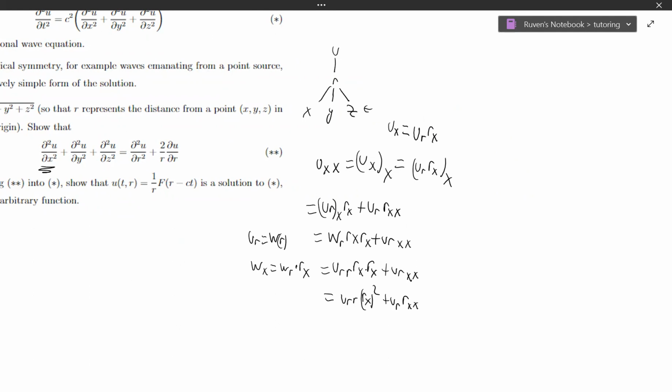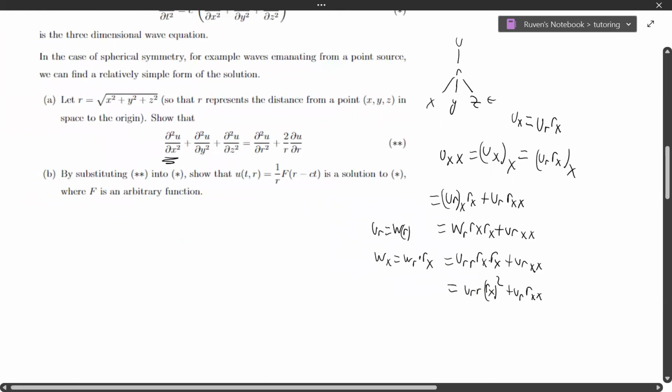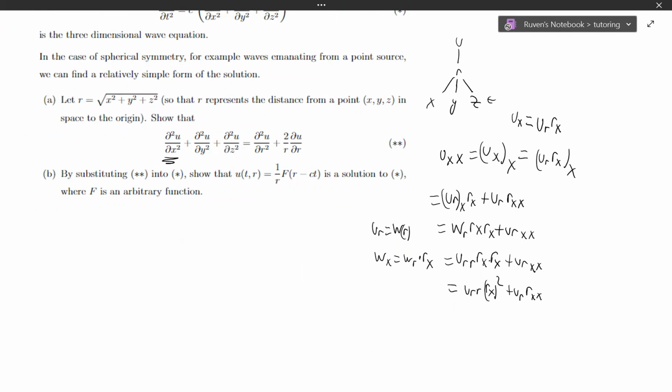So now what I'm going to do is see what r_x actually is, or what is the partial derivative of the r function with respect to x.